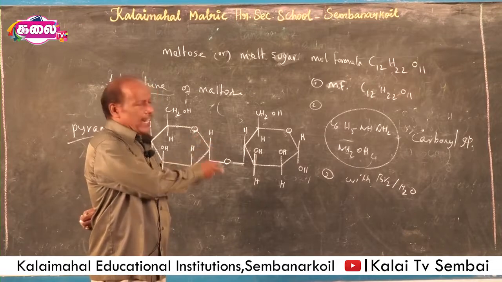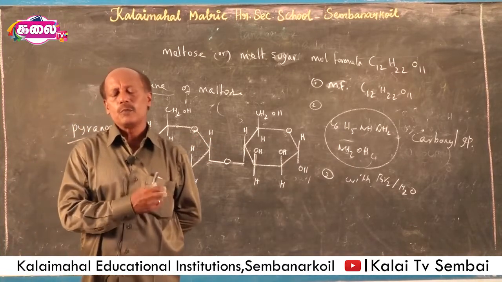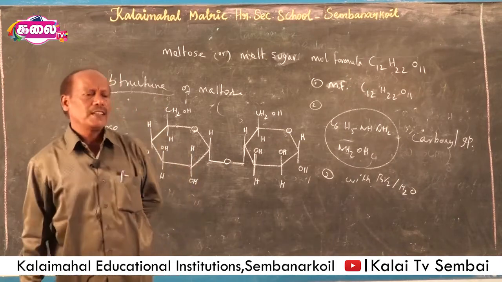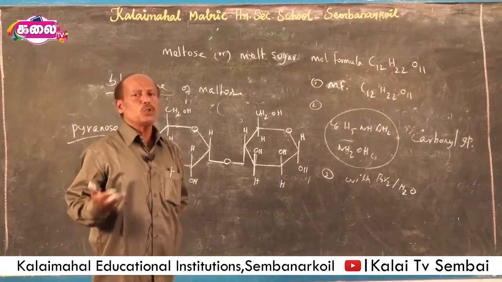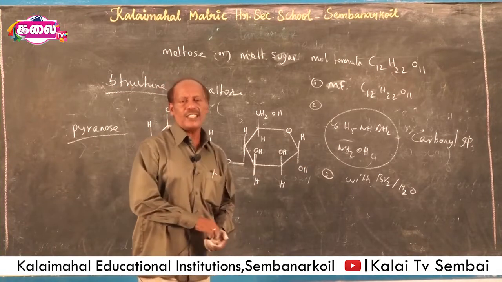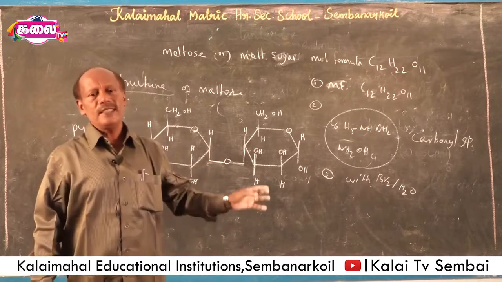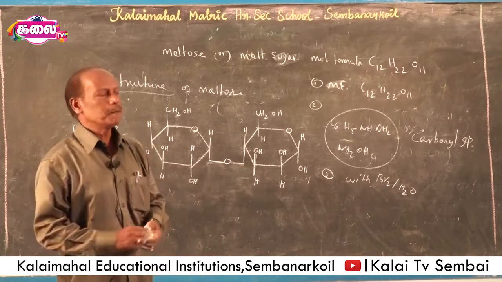If bromine water is added to maltose solution, the bromine water is decolorized and we get maltobionic acid. Bromine water is a mild oxidizing agent. It oxidizes maltose into maltobionic acid. We have already seen this reaction.